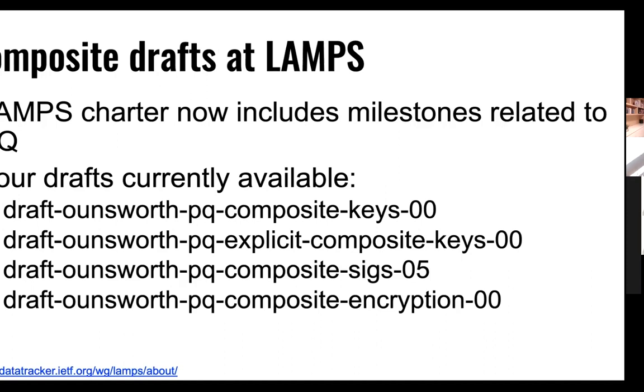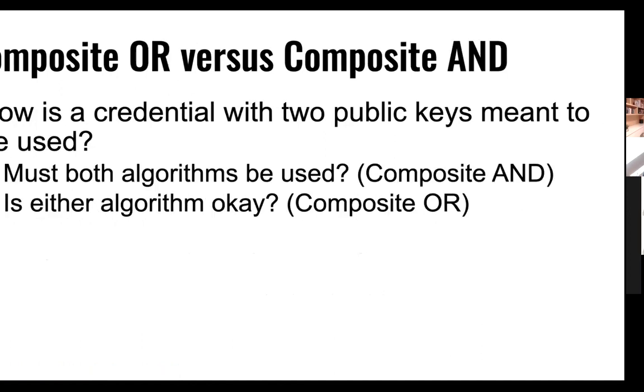So they have a few different drafts there for these different purposes that are currently under consideration for standardization with LAMPS. Now, one interesting thing that they've identified in this work on composite keys and signatures is how one should interpret a composite key. So if I give you a certificate with 2 public keys in it, and you retrieve the certificate from me and try to do something with it, how should you interpret the certificate?